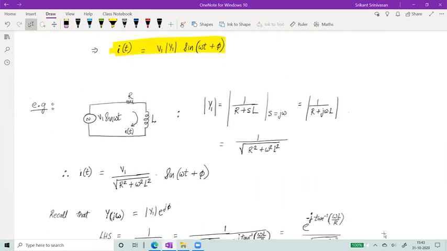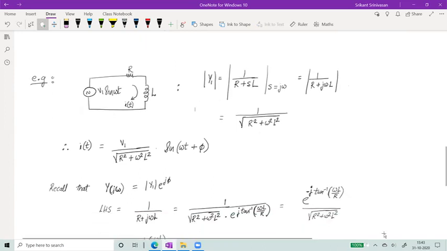The point is that we solved this expression using Laplace transforms. We first took R plus LS, then transformed the sine omega t into omega by s square plus omega square. We used the method of residues, we split it, and we found the inverse Laplace transform. But for the special case of sinusoidal voltages, you do not need to do that.